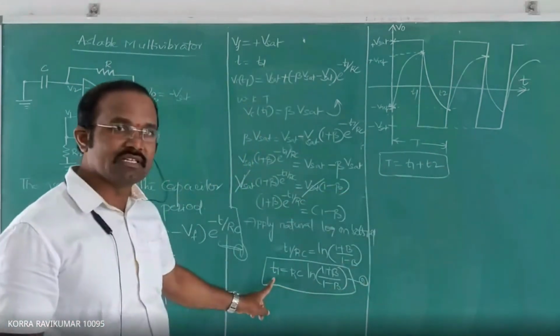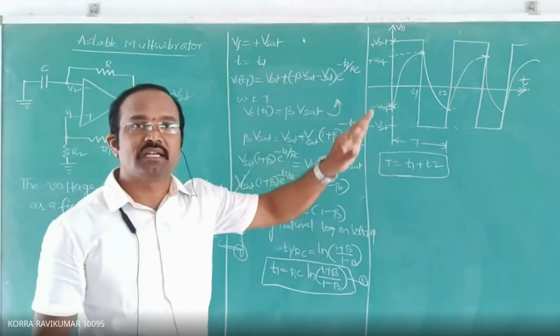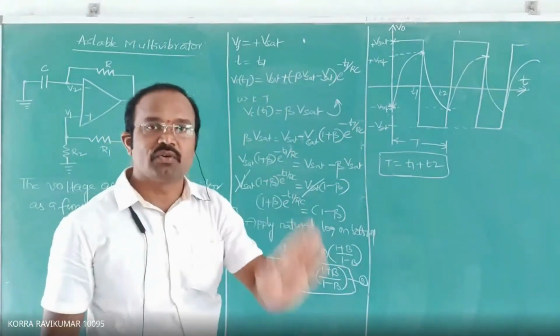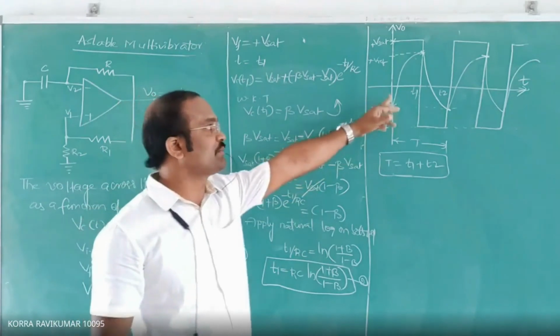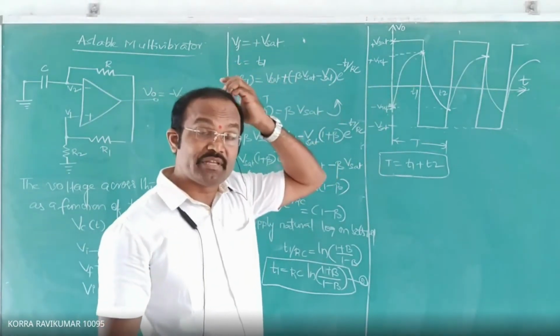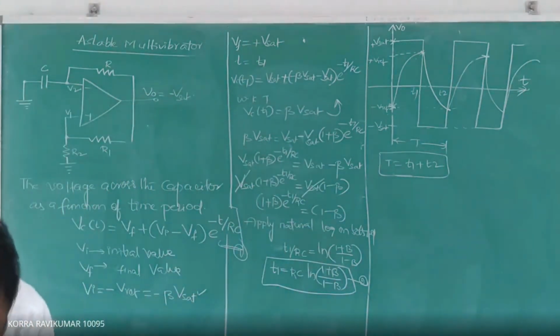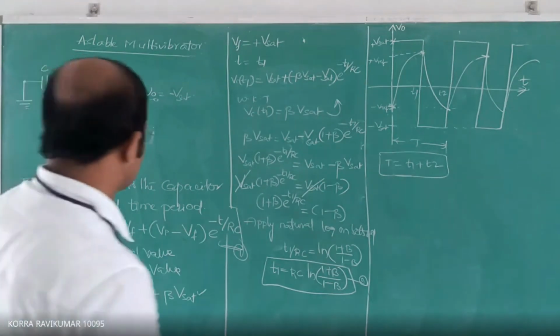We have derived the relation for T1. Now we need to derive the relation for T2, that is, the discharging period. We have calculated only the time taken by the capacitor for charging. Now we need to calculate the time taken by the capacitor for discharging. For that, case 2, same equation.